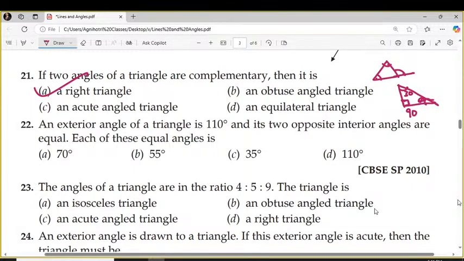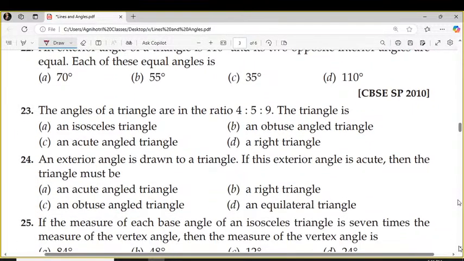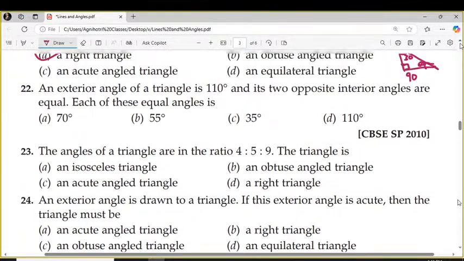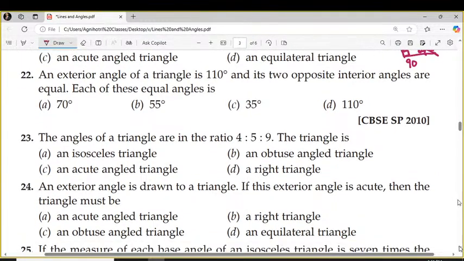Okay, answer this 22nd. Okay, understood. Sir, the answer should be C, 35 degrees.